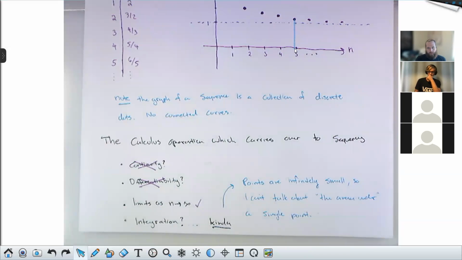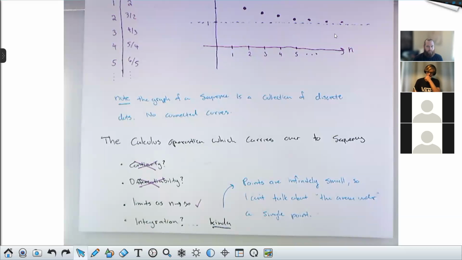Because this little region under this point is infinitely narrow. When you hear physicists say something is point-like, that's what they mean. They mean it's 0 dimensional. They mean it cannot bound any region of Euclidean space. So there's no area under any of these points. The width under each of these is 0. And because there's no curve connecting one point to the next point, there's no way to talk about the area under the curve.